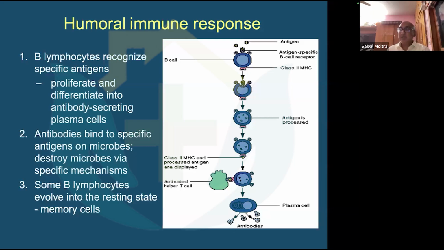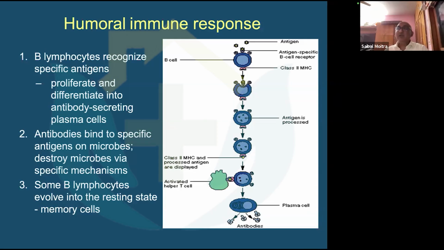At the same time, the T follicular helper cells, which develop from the naive T cells, along with the activated B cells, go into the germinal center, and then it gets activated, and it starts forming the antibodies against that particular conformational epitope which it had seen.